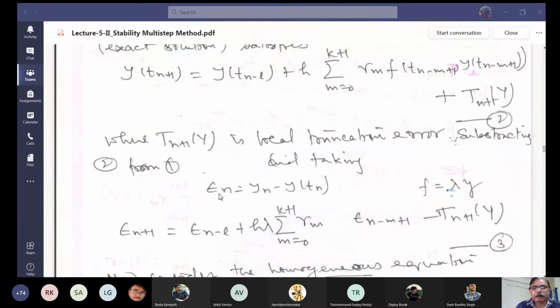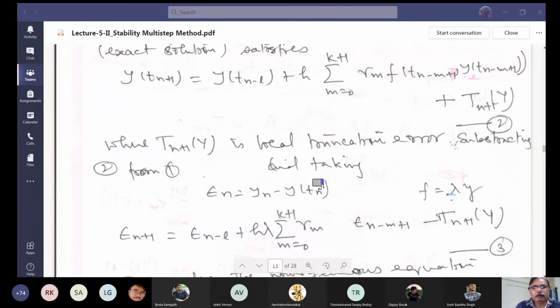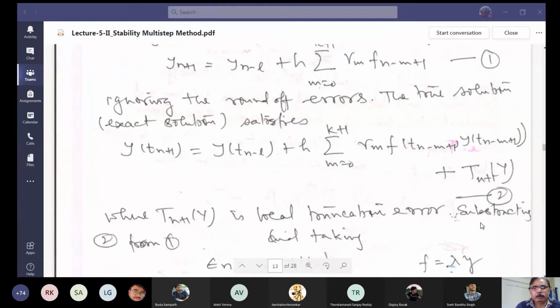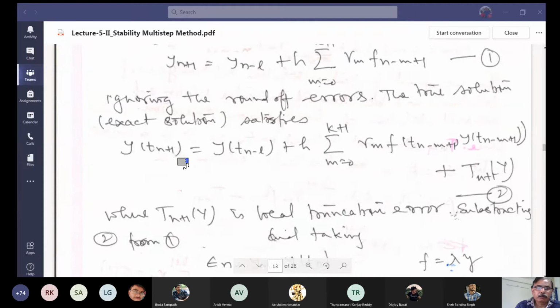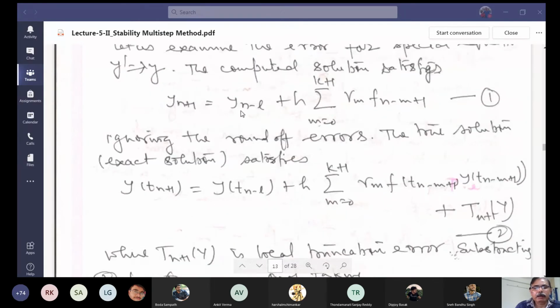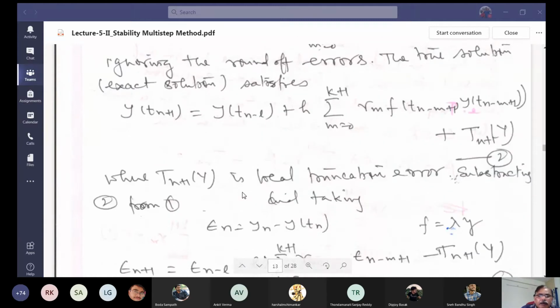Before that, we write that epsilon_n is your y_n minus y(t_n). So we'll subtract 1 minus 2 and just try to see. That will be y_{n+1} minus y(t_{n+1}), so we can write here epsilon_{n+1}. Similarly, here it is y_{n-l} minus y(t_{n-l}), so we write as epsilon_{n-l}.